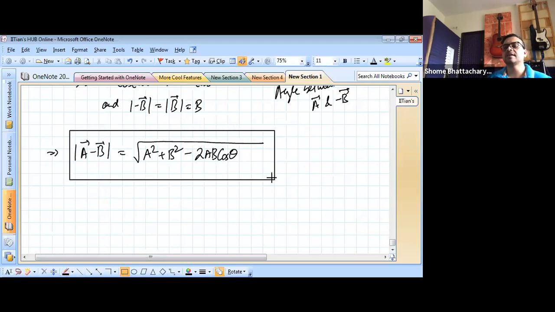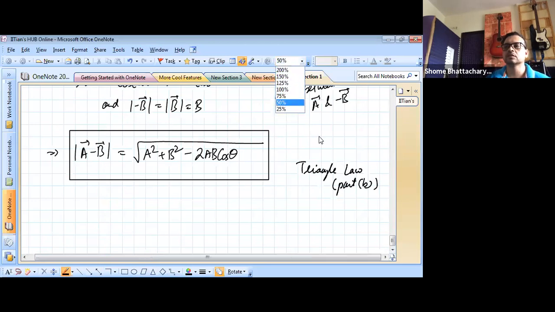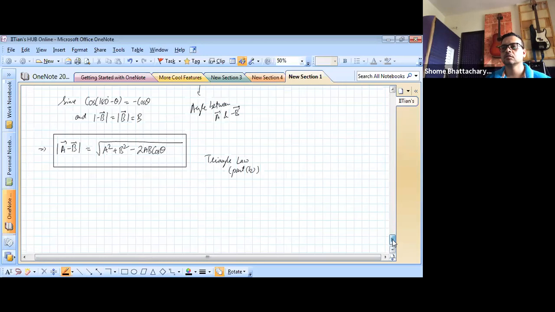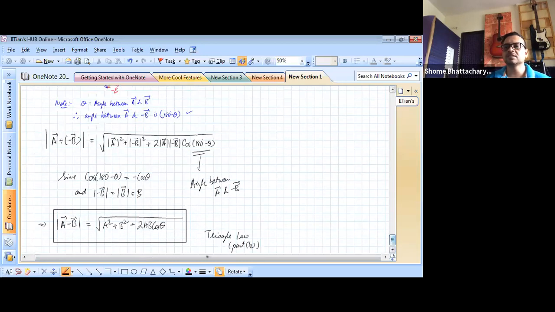So this is like the triangle law's second part. Triangle law, part B. It gives you the difference of the two vectors. Part A gave us the sum of the two vectors. So an easy way to remember the formula is that in the sum, plus 2AB cos theta comes, and in the difference, minus 2AB cos theta.